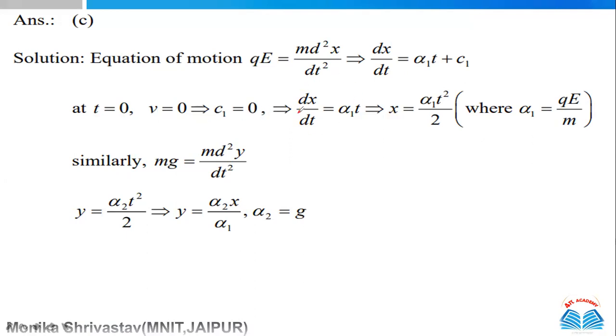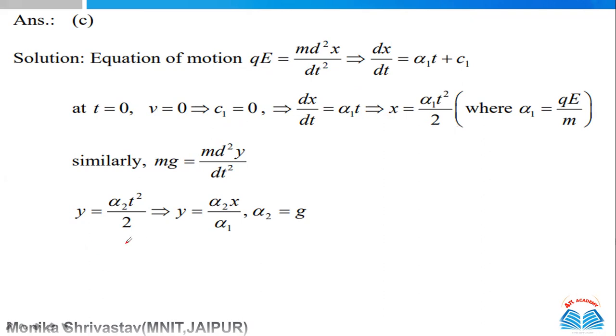So dx over dt is alpha 1 t. Again, integrating both sides, you get x equals alpha 1 t square by 2. Alpha 1 was qE over m. So just put in the value and you get the result. This x will be equal to qE over m times t square by 2. This is for the x direction.